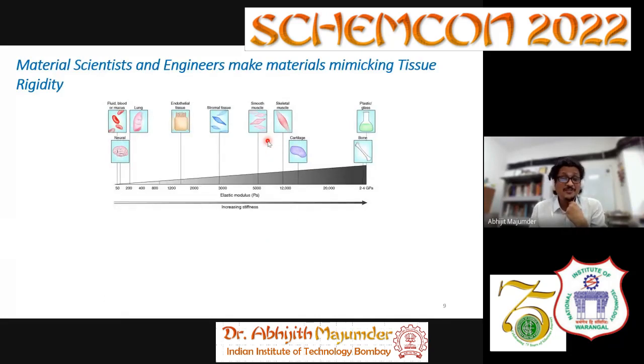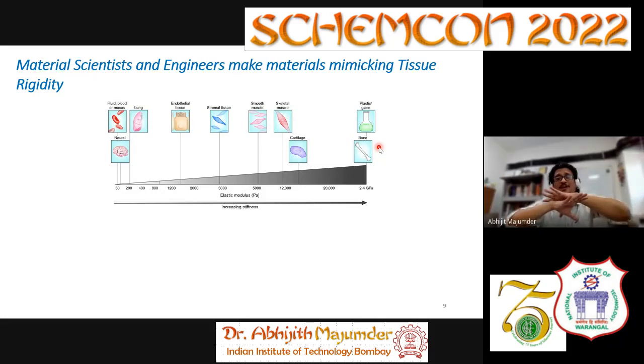And it is very interesting to see that our brain is the softest tissue, which is in the range of 50 to 100 Pascal. Ranging up, we have the cartilage, which has 12,000 to 20,000 kilopascal, and finally bone, which is in the gigapascal range.